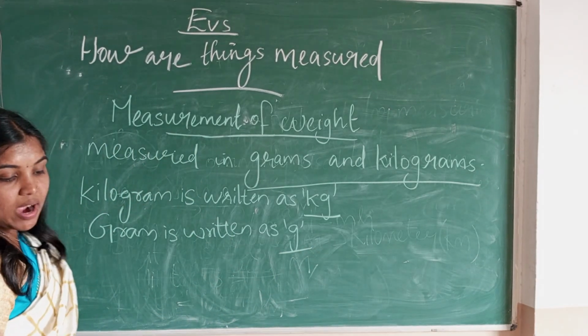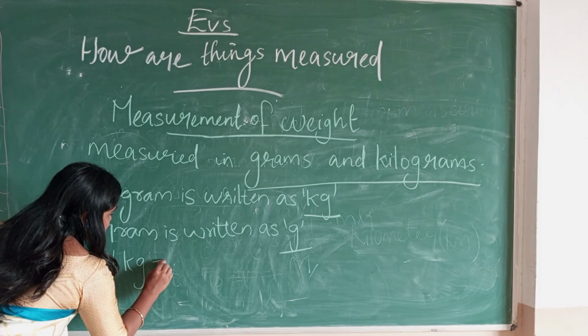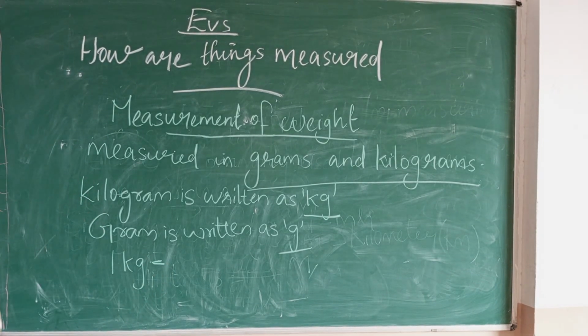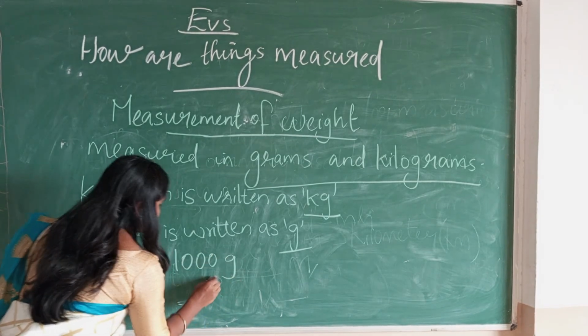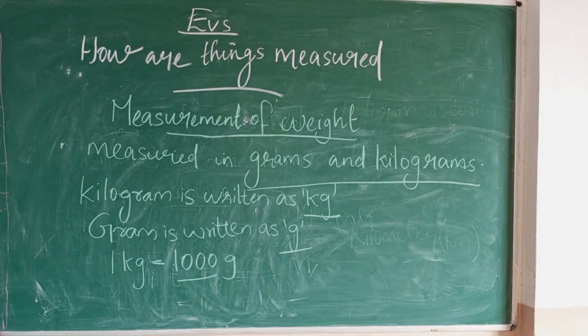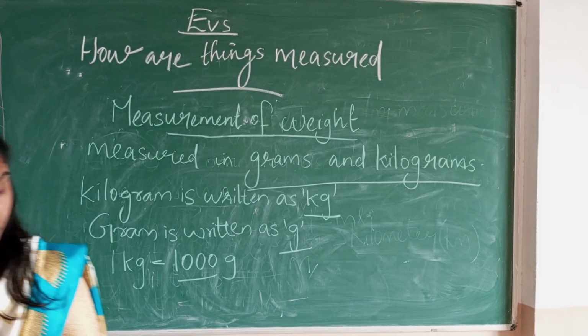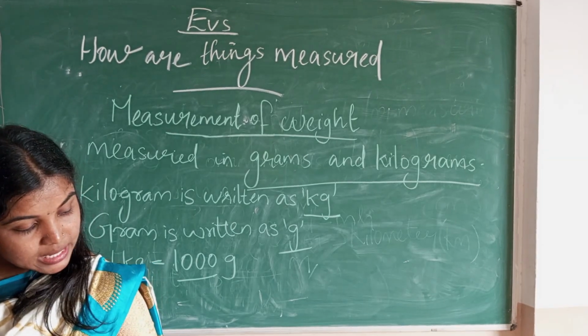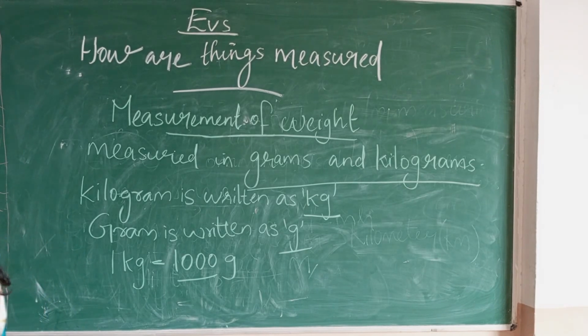So 1 kilogram is equal to 1000 gram. So we use a weighing balance or a weighing machine to measure weight.